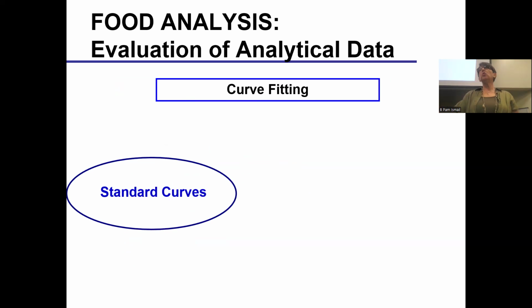Like I mentioned earlier, we're going to do a lot of standard curves in the lab. The first standard curve you're going to plot is for the caffeine lab using HPLC.